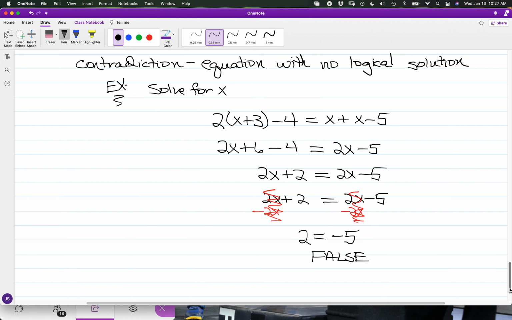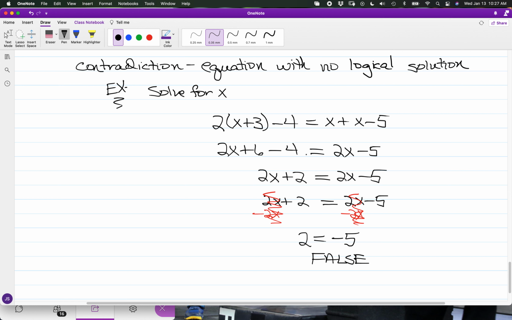So this is kind of a road that leads to nowhere in the setup. So you can plug in anything for x, negative, positive, 0, and you're still going to have this imbalance. So in this case, we have no solution. Okay. So again, this is going to be a case of a contradiction.